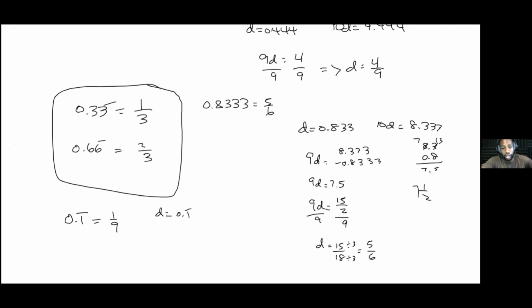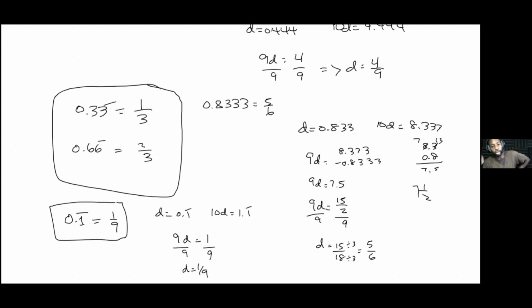And then 10D would be equal to 1.1 repeating. So that means 9D is equal to 1, and D is equal to 1/9. So 0.1 repeating is a common one. These two are very common as well. So you might just be able to remember those without going through all the computation.